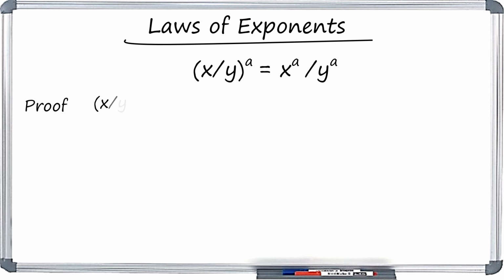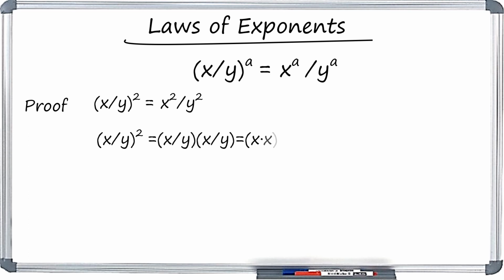So some proof, let's say, for example, we have x over y squared. That is just equal to x squared over y squared. So we are going to expand our exponential term. Our base here is x over y. So we have x over y times x over y is equal to x times x over y times y, since we are going to multiply numerator to numerator and denominator to denominator.